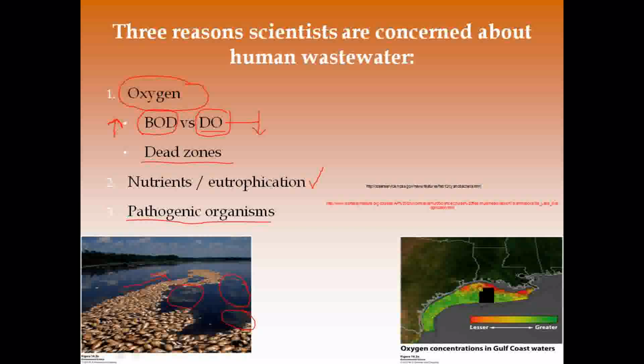This map here shows you one of the worst areas of low DO and high BOD in our country, and it's the Mississippi Basin, because so many chemicals and so many things end up coming down the Mississippi River and flushing out into the Gulf of Mexico. There's a real area here of very, very low DO, and that's what we're seeing here.